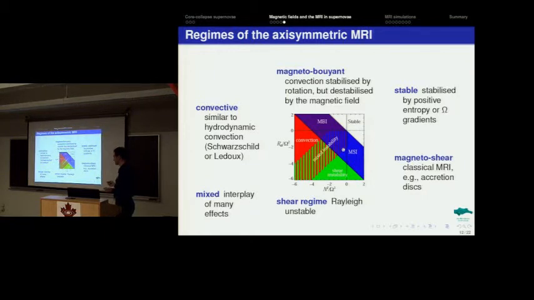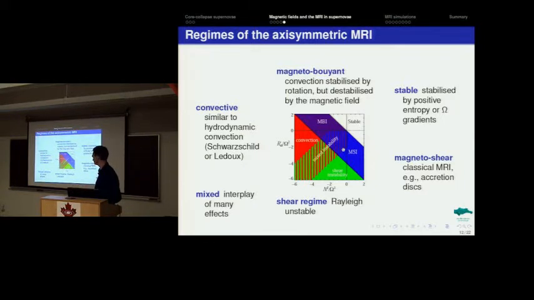Furthermore, of course, it depends also on thermal gradients, which are contained in N. So there are all those entropy or composition gradients, and on the other hand, the omega gradients are contained here.